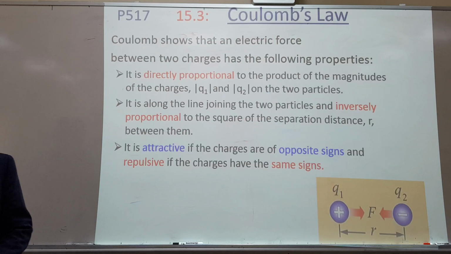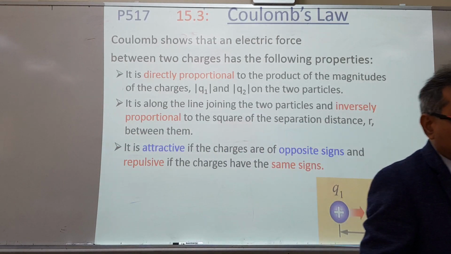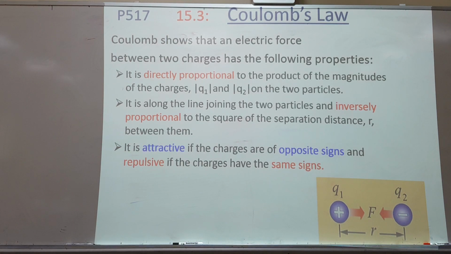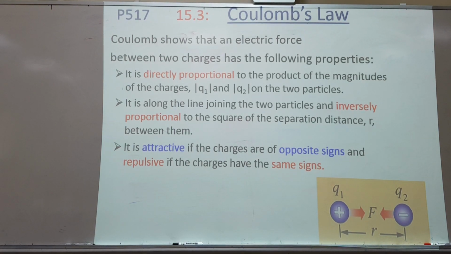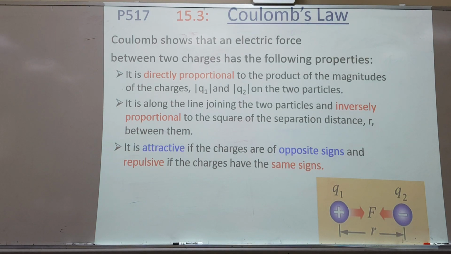So let's talk about the first law of those two I promised in the beginning. So this is Coulomb's law.